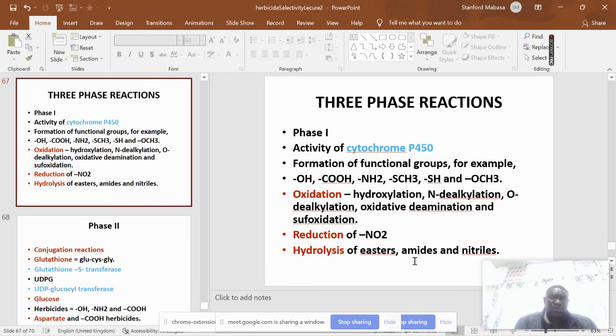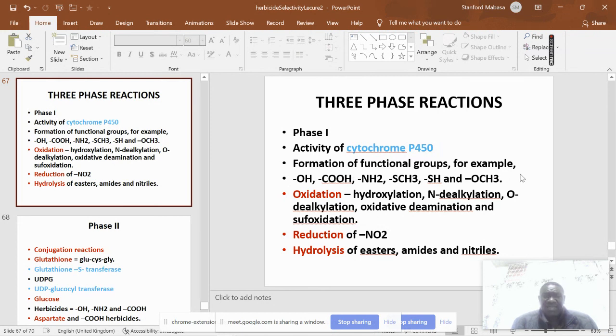Then when we went on to talk about metabolism itself, we said it can bring about selectivity, where we have three phases. Phase one, we have got the activity of cytochrome P450, and for it to assist or speed up reactions, the herbicides should carry the functional groups, for example, these ones.